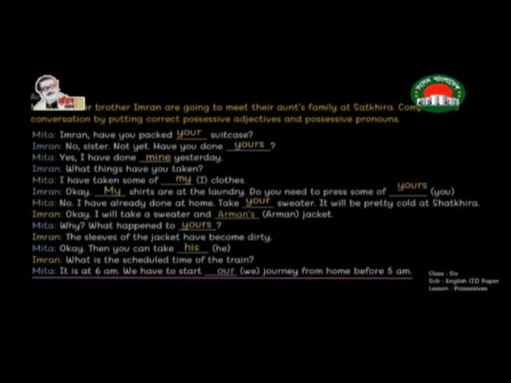So I think you get a better idea about possessive adjectives and possessive pronouns. So let's see what we have discussed so far. Okay, we have talked about possessives, forming possessive nouns, possessive adjectives, and possessive pronouns.